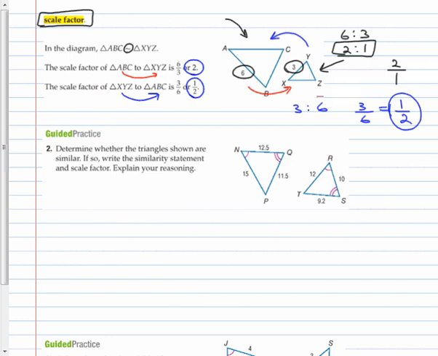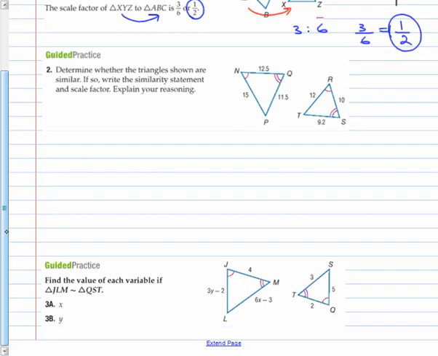The order is important. Notice that first one, they just said the number 2, that is the same as 2 over 1 or 2 to 1. But if we have to do math with it, just the number 2 by itself isn't really useful, but 2 to 1 is going to be useful. So the order makes the scale factor different. It's either 2 to 1 or it's 1 to 2, depending on which way they ask. Make sure you answer whichever way they ask.